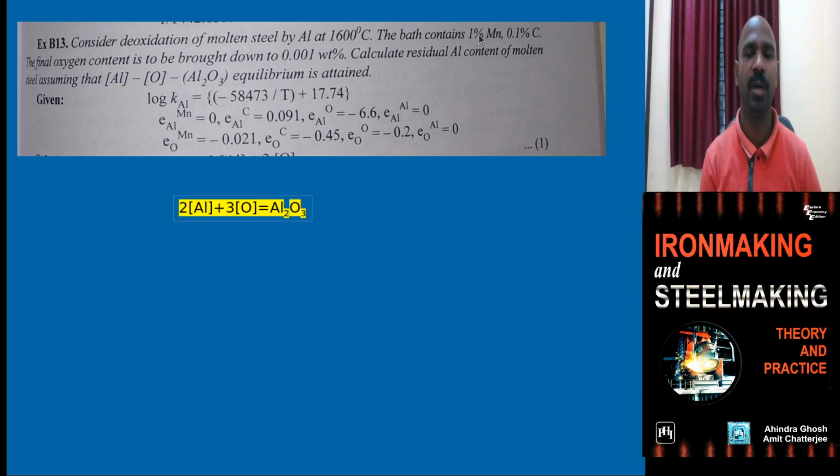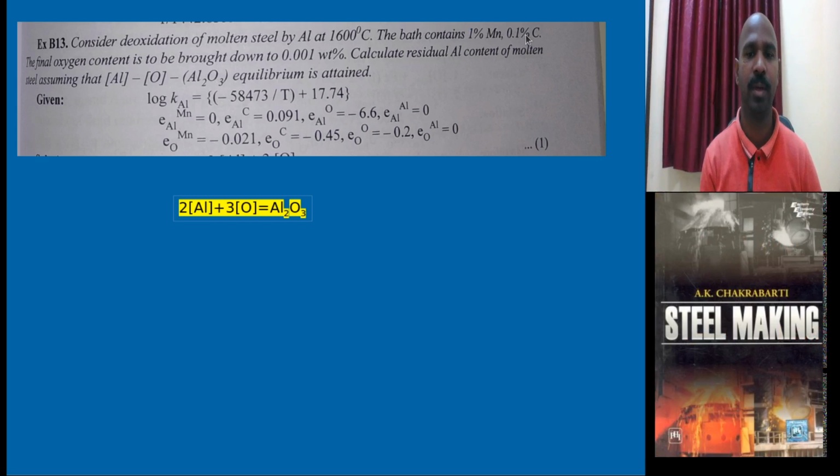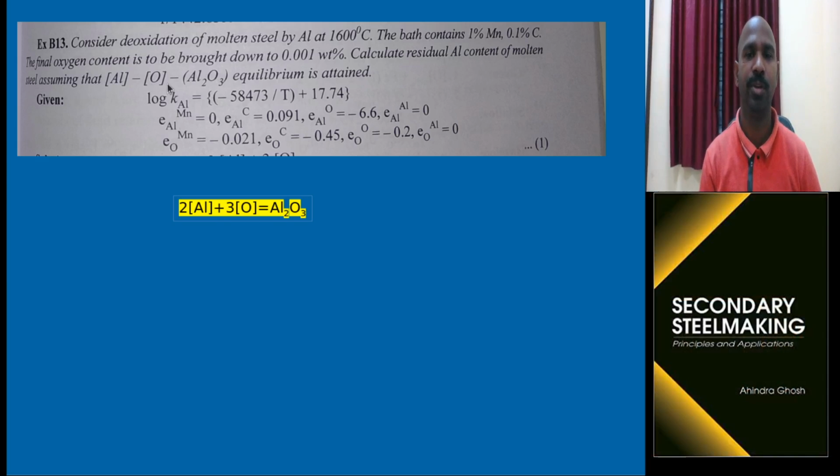That aluminium is reducing the oxygen dissolved in the steel bath. How much aluminium is retained was the main question. Calculate the residual aluminium content of molten steel, assuming the equilibrium reaction is happening.